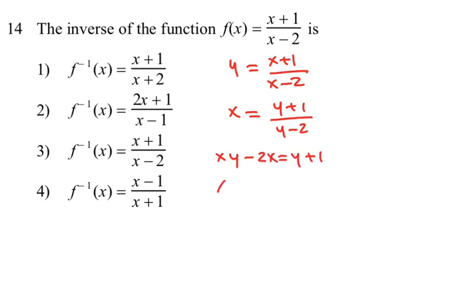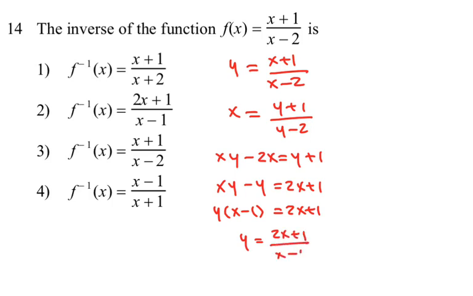Then we're going to bring the y's to one side and everything else on the other side. So xy minus y equals 2x plus 1. And now to have y by itself, we have to factor y, and then divide by x minus 1. Then we get 2x plus 1 over x minus 1, which is choice 2. That becomes the answer.